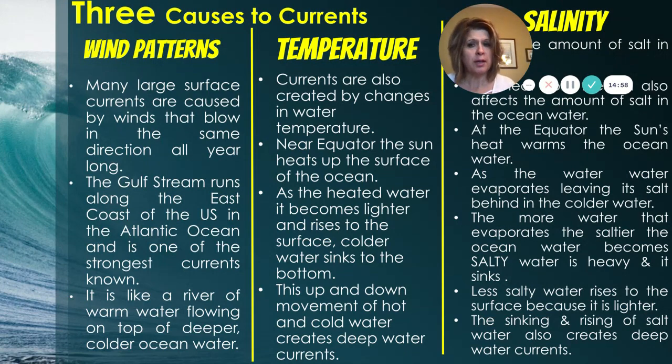The Gulf Stream runs along the east coast of the United States in the Atlantic Ocean, and it is one of the strongest currents. It is also what influenced our explorers coming to America because they used the Gulf Stream.